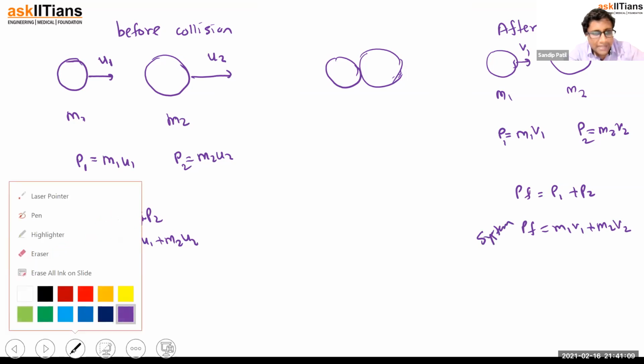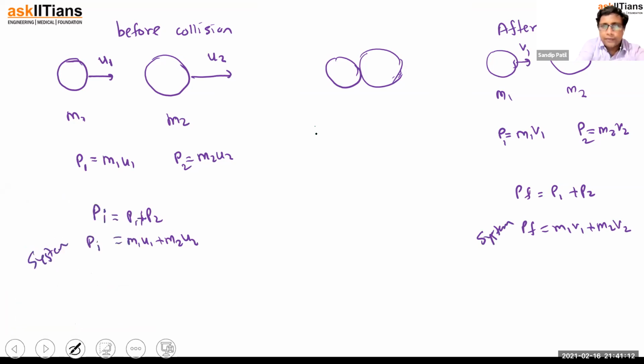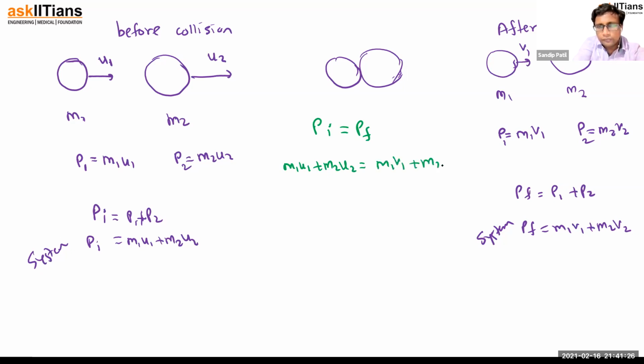So simply we can say Pi will be equal to Pf. So write the equation: m1 u1 plus m2 u2 is equal to m1 v1 plus m2 v2. Very simple to understand, right? This is a very important momentum equation which we are going to use for 11, 12. So remember this part. Using this relation, we can solve a lot of numericals.